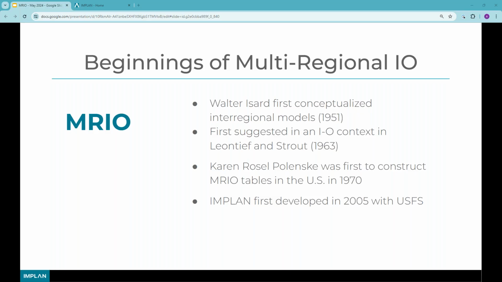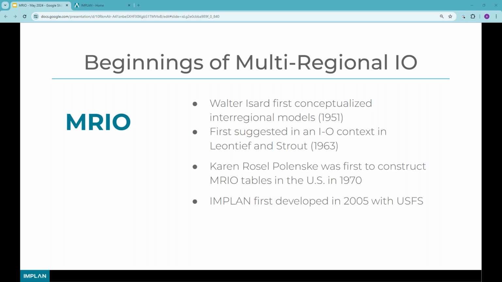It wasn't until Karen Polenske came onto the scene that we actually had some MRIO tables. She was the first person in the US to incorporate gravity model estimations for the trade flow of commodities, which led her to construct those first MRIO tables in the US in 1970. She split the US into 44 regions and 78 industries.